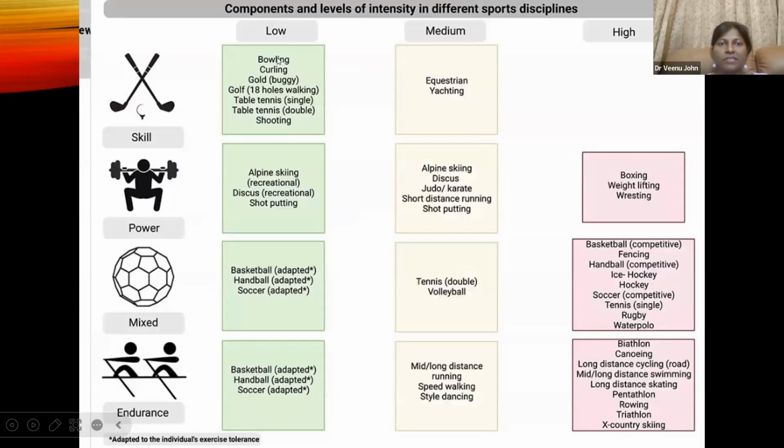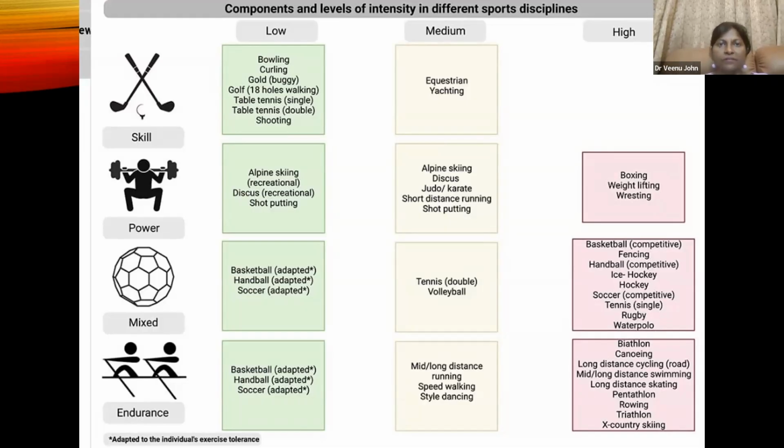So here, just for us to have a thinking, when we look at a patient, we want to know what level of activity they are in, whether it is low, medium, or high. So let's say even basketball, handball, or soccer, if it is just adapted as in symptom limited, it is still considered a low intensity activity because they are not stressing themselves beyond a certain point.